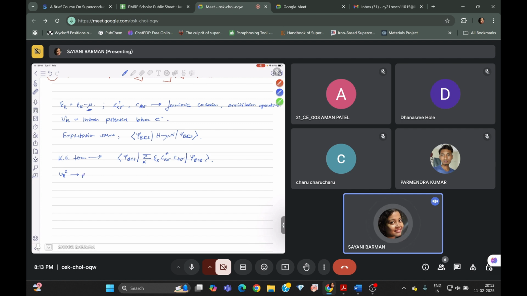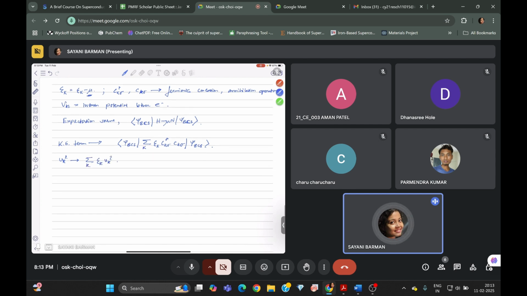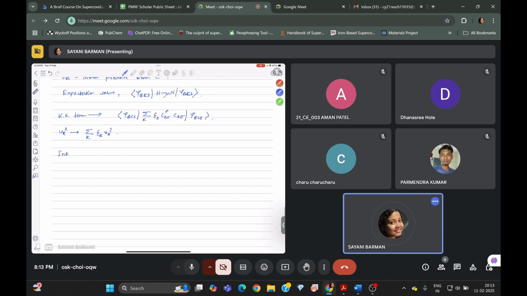So it can also be written as, and there is one interaction energy term. This interaction energy can contribute like this.